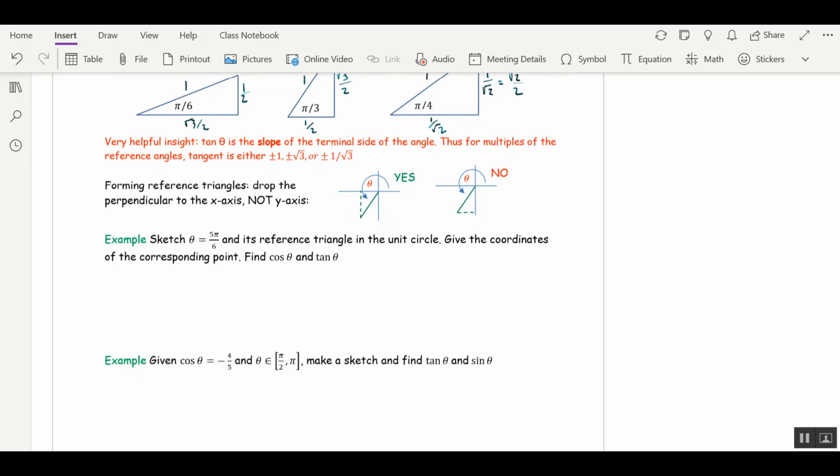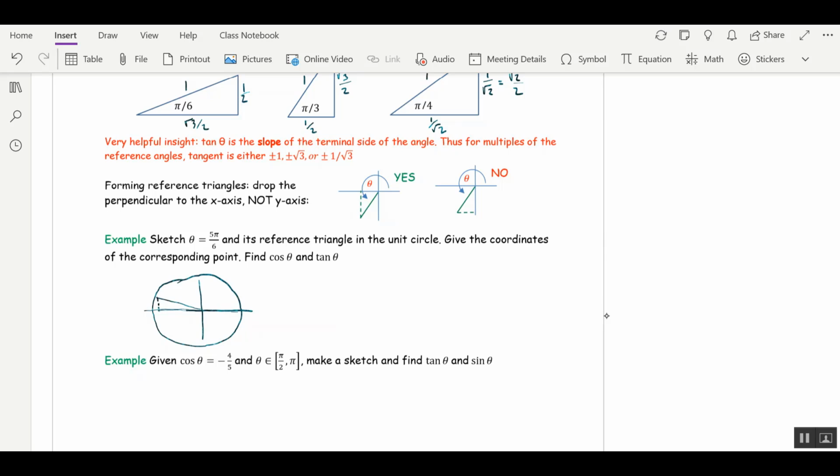So for example, let's sketch 5 pi over 6 and its reference triangle in the unit circle. So we've got a unit circle here. That means radius 1. 5 pi over 6 is here. If I drop a perpendicular down to the x-axis, that makes my reference triangle. And I can see my reference triangle is pi over 6.